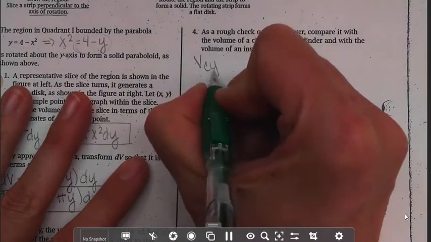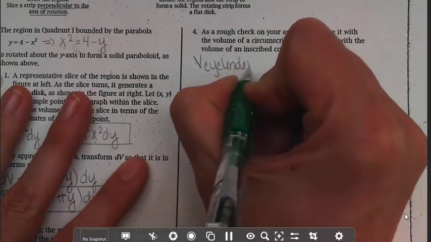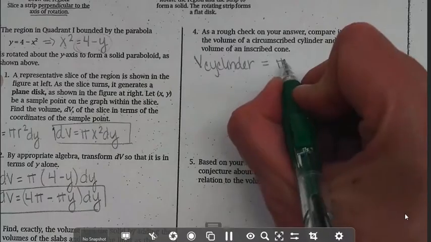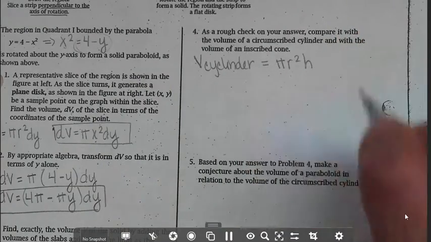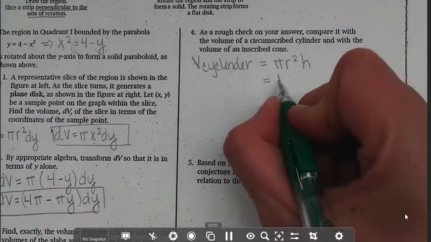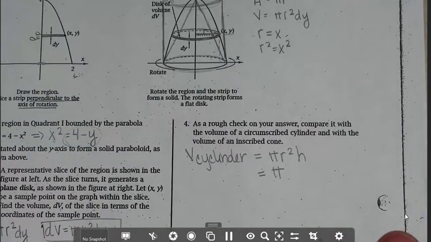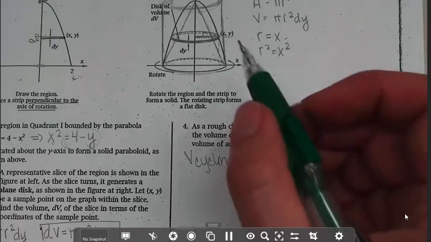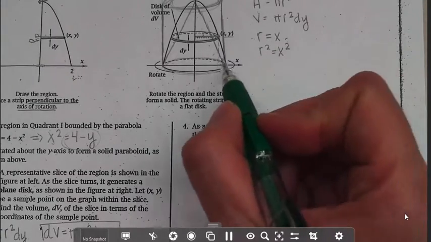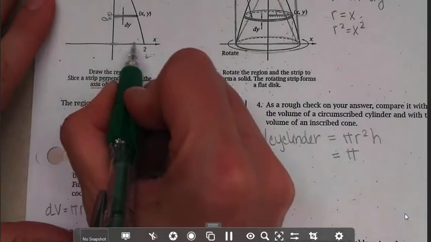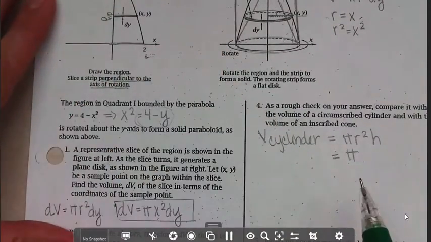So the volume of a cylinder is basically the area of the base times the height, which is pi r squared times height. So it's going to be pi. Your radius here is going to be 2, right?